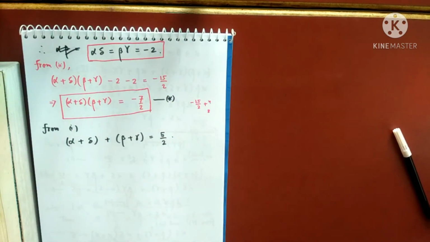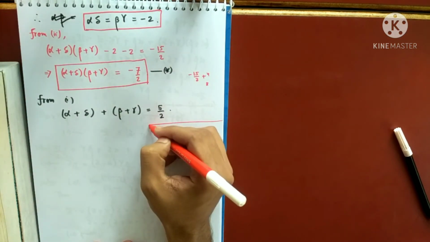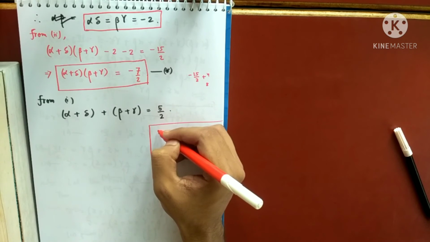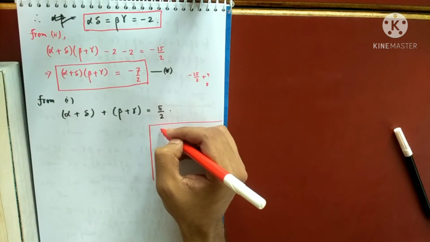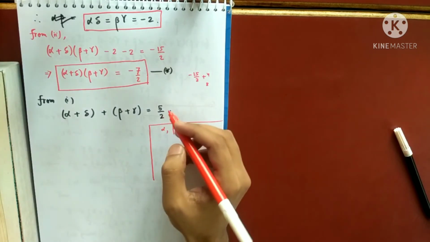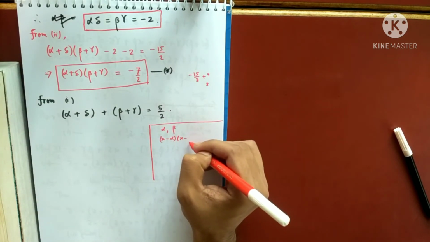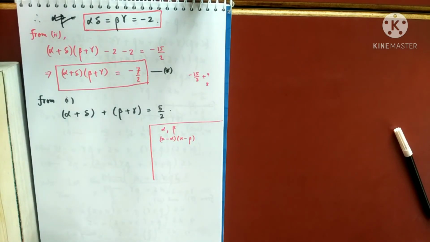Now look at this 2. I hope you all know this from quadratic equations. If alpha and beta are the roots of some quadratic equation, then what is the equation? It is x minus alpha into x minus beta, right?